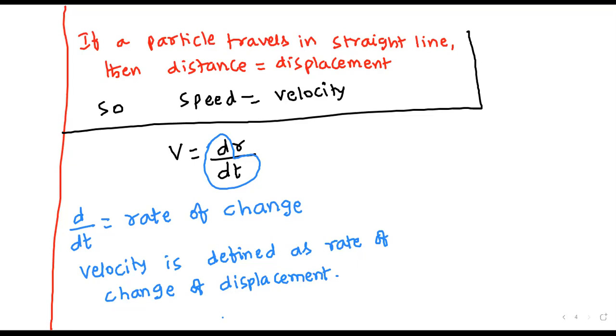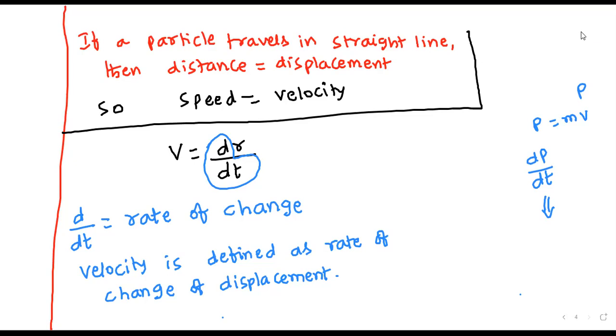For example, I think you know momentum. Momentum is mass times velocity. If we have dp by dt, that is the rate of change in momentum.